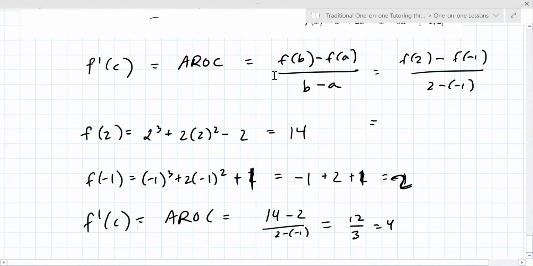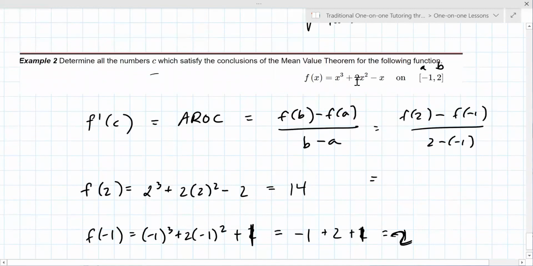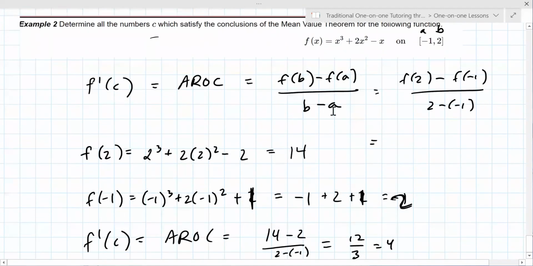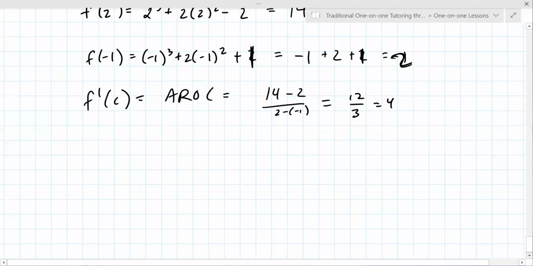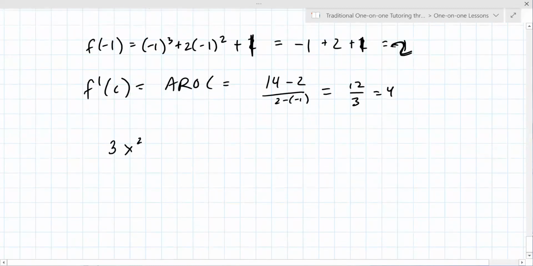The original function is up here, x cubed plus 2x squared minus x. So the derivative of that is 3x squared plus 4x minus 1, and that equals 4. And so you solve for x.